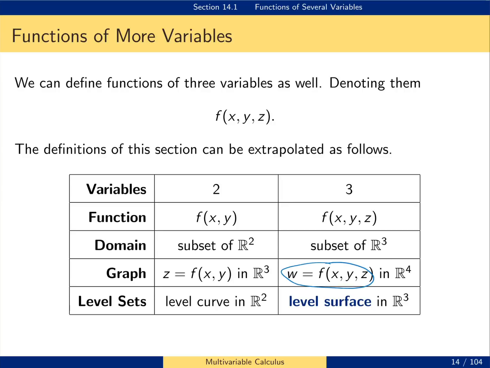This would live in 4-dimensional space, so it isn't a very useful visualization tool. On the other hand, the level sets of a graph are graphs of 3-variable equations living in 3-space. Instead of calling them level curves, we call them level surfaces, and these are something we can actually picture.